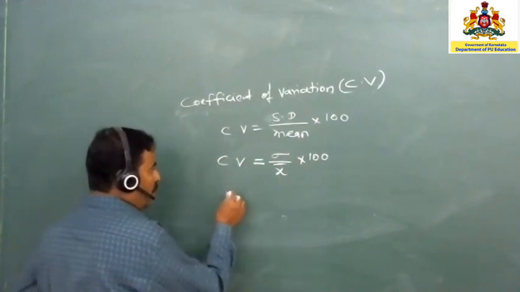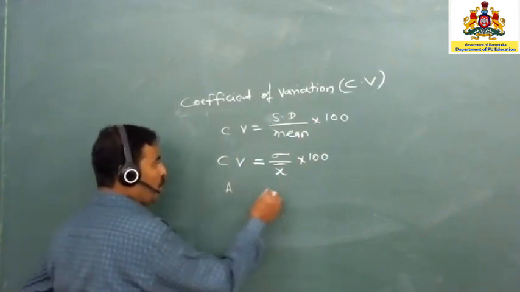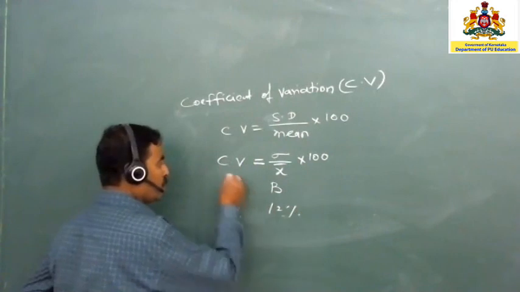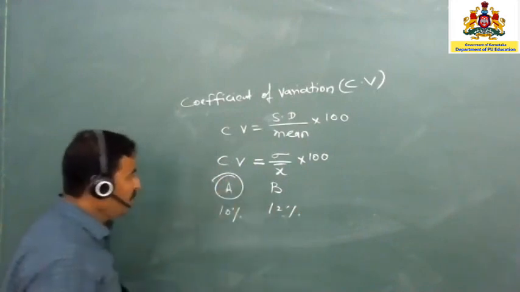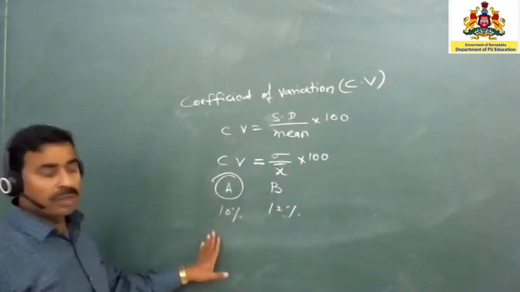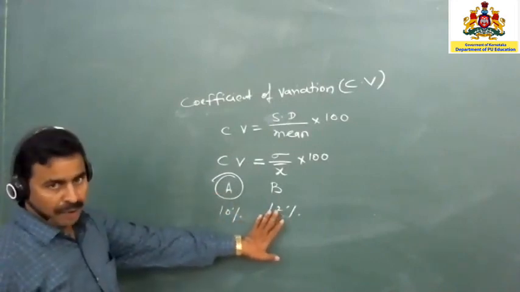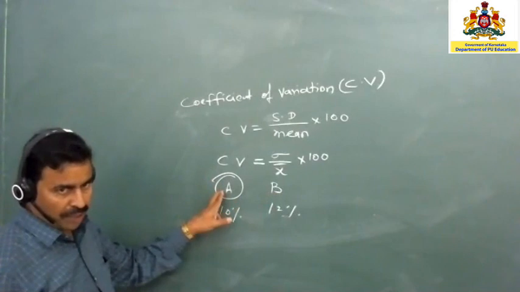When comparing 2 or 3 series, if the coefficient of variation is 10% for A and 12% for B, then A is more consistent.